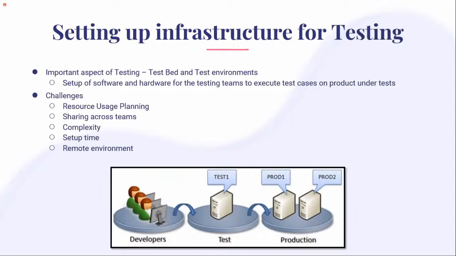It should provide an environment for the testing team or the QA team to execute their test cases for any application, software, or product under test. It typically comprises the typical hardware, software, and networking components. Okay, but as we see, it is the most important aspect because it sets up the bed for the experiments, for the testing, for the quality analysis, and of course paves the way for success of the product.